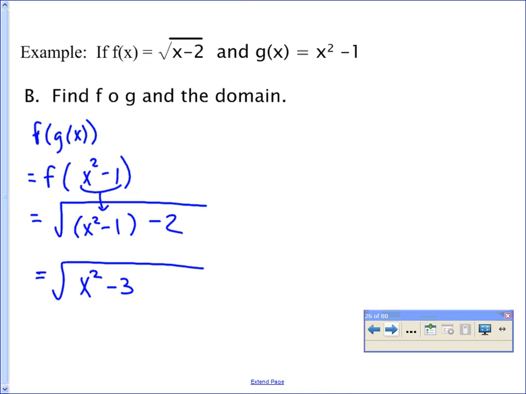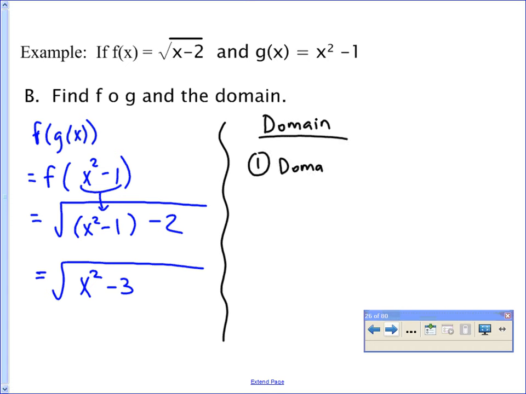Okay. Now we have that. We can find the domain. When I'm finding the domain, number 1, I'm going to find the domain of my inner function, which in this case is g of x. And that is going to be the domain of this here, and you don't have any variables in the denominator.